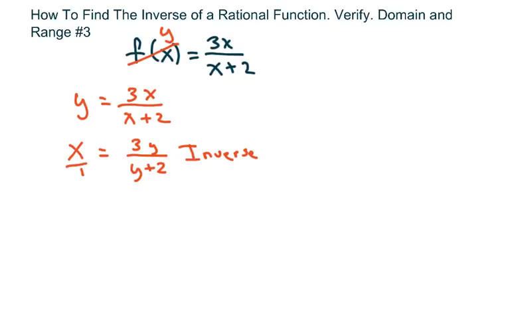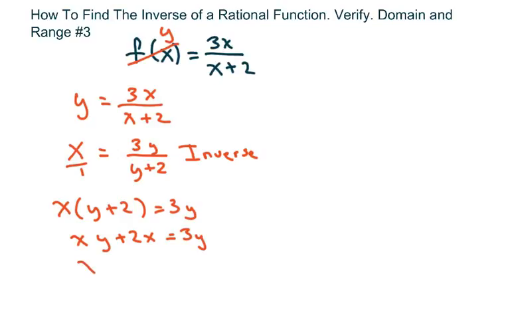So cross multiply, and you're going to get x times y plus 2 equals 3y. So xy plus 2x equals 3y. Now since we're going to solve for y, I'm going to group my y's together. So I'm subtracting the 3y, and I'm going to put the 2x on the other side.